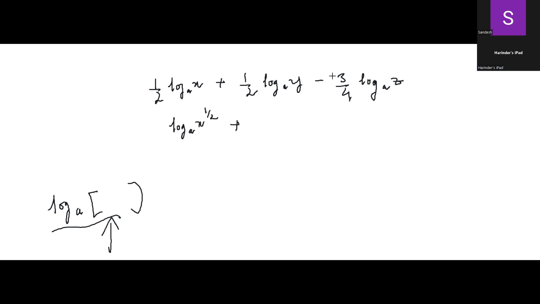What is the second one gonna be? So the second one doesn't have an x. It has a y. It looks like this, log subscript a of y to the power of 1/2.